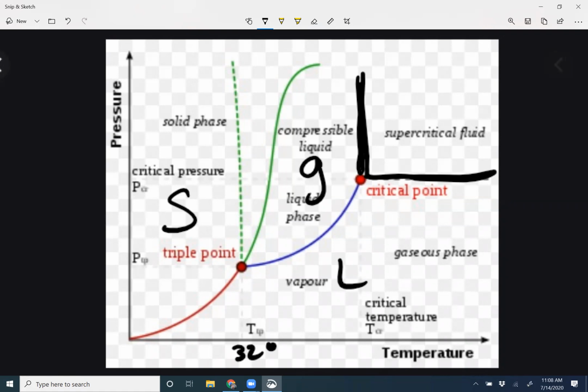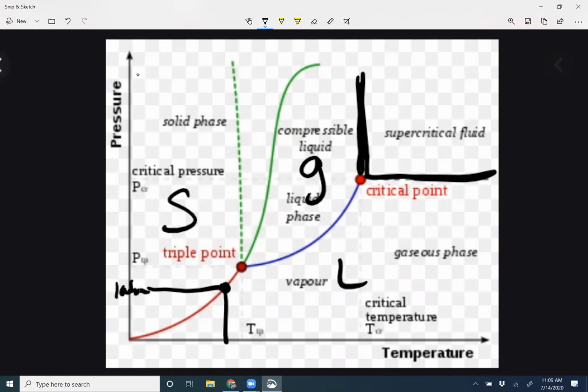If we looked at water, for instance, at 0 degrees Celsius and 1 atmosphere, say this is 1 atm down here, if we go across, you'll notice that at 0 degrees we transition from the solid to the liquid phase.